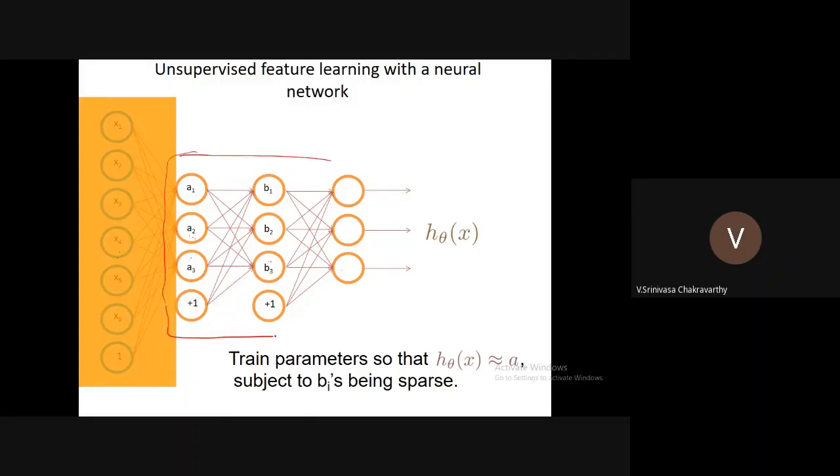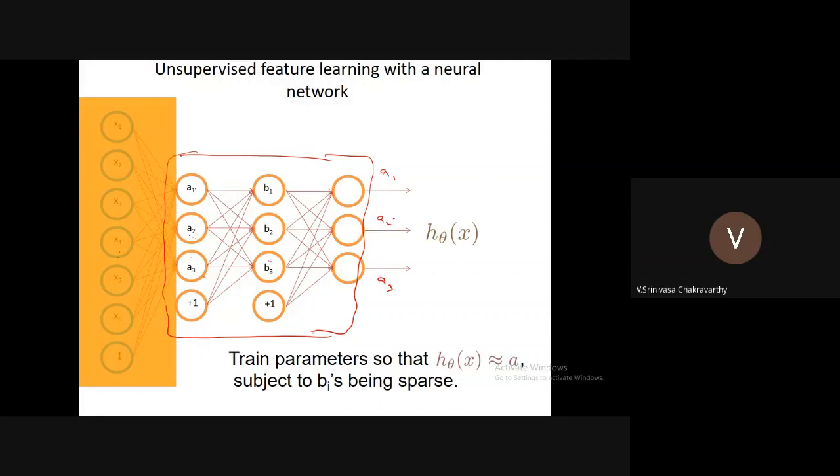For this whole network which you are now considering, A1, A2, A3 becomes the input, and B1, B2, B3 is the hidden layer, and whatever shows as blank circles is the output layer. Again, you do the same thing. The target output of this network is A1, A2, A3. This is the target output. So basically, it's trying to map the input onto itself.